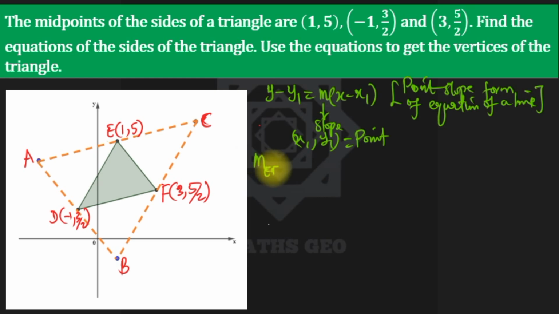From our formula, we know that the slope of a line is change in y over change in x. So we have (5 minus 5/2) over (1 minus 3). So this is 5/2 over minus 2, which is minus 5/4.